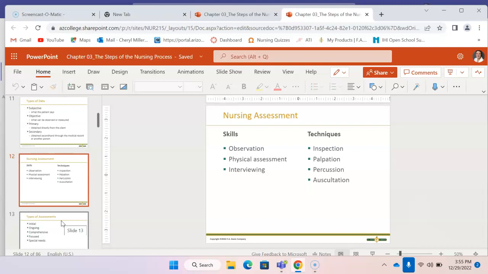Consolidation is dull. Hyperresonance means air. So when you percuss, you feel. And then when you auscultate, you put on your stethoscope and you listen for bowel sounds.